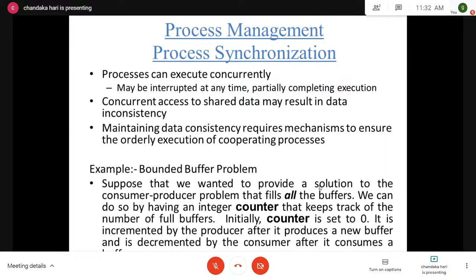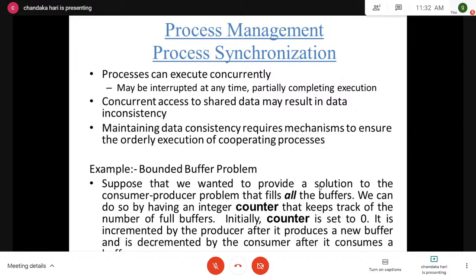In order to overcome this inconsistent state, in order to maintain data consistency, we require some mechanisms to ensure the orderly execution of events. That is called process synchronization. What is process synchronization?